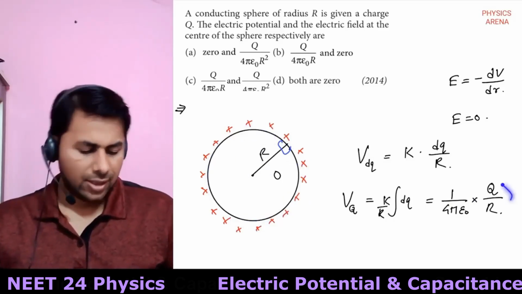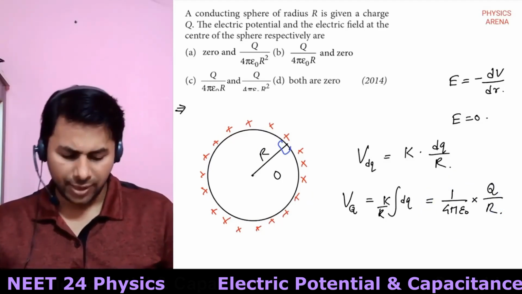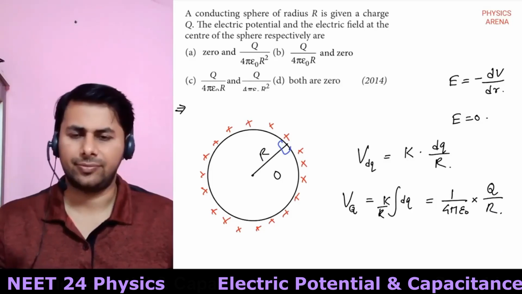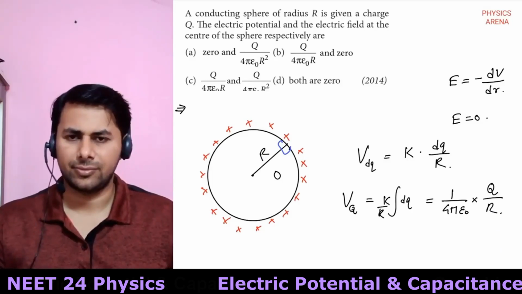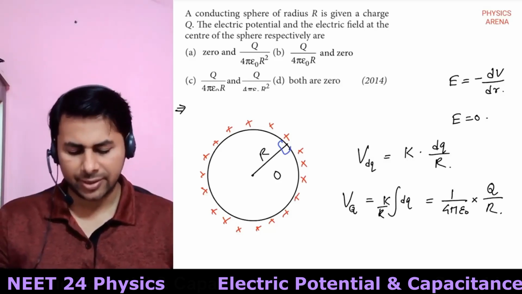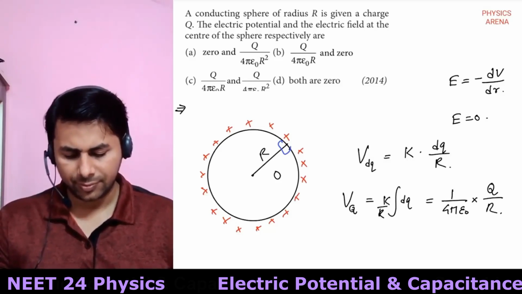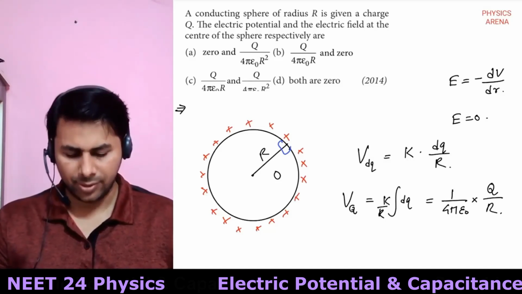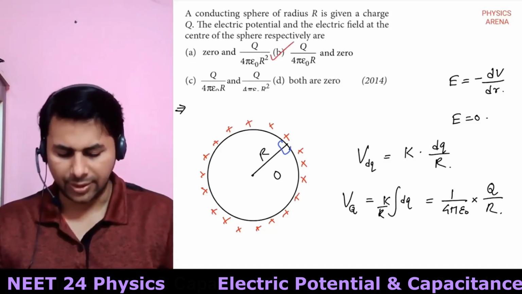On the shell also it has the same value, and after that it falls as 1 by r. This is clear. What is the answer to this question? Option B, right?